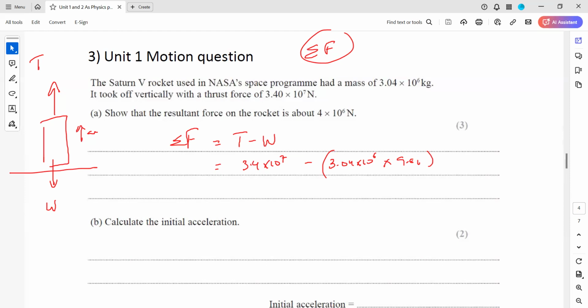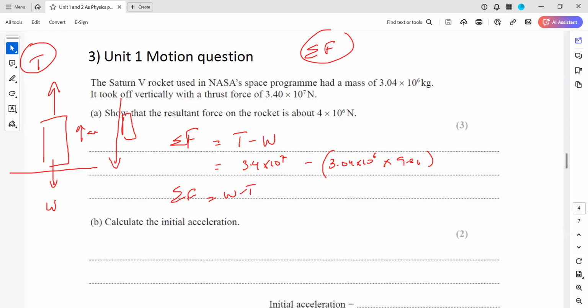Now, why is the resultant force the thrust minus the weight? Because the rocket is launched upward, so the upward force should be greater than the weight. The rocket is not moving down. If the rocket was accelerating down, then for the resultant force we'd say weight minus the thrust.